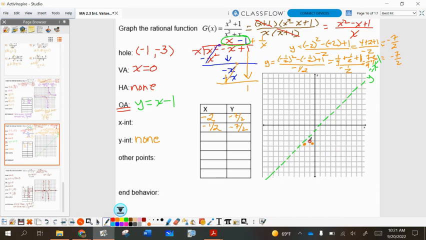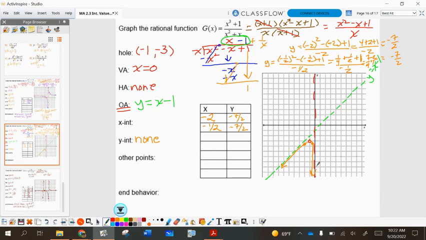Well, we know that we're approaching that oblique asymptote in the long run, and we know that we're approaching our vertical asymptote, going on the other side of that hole, going through that point.